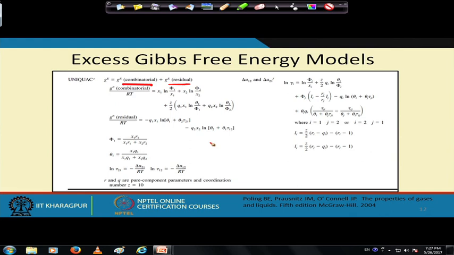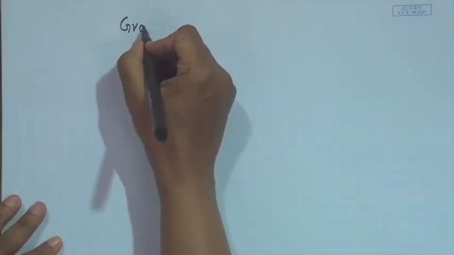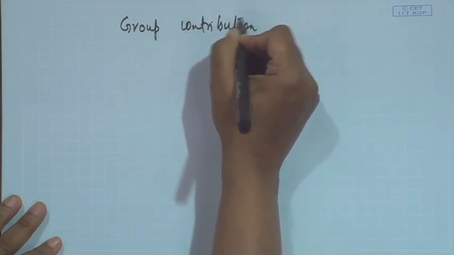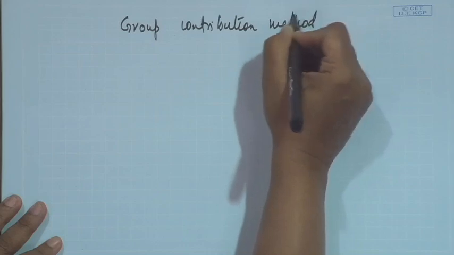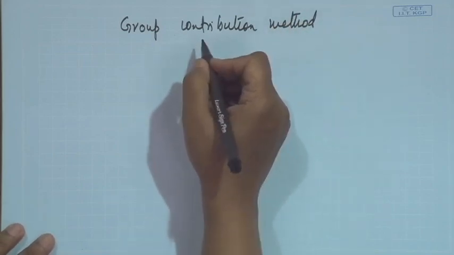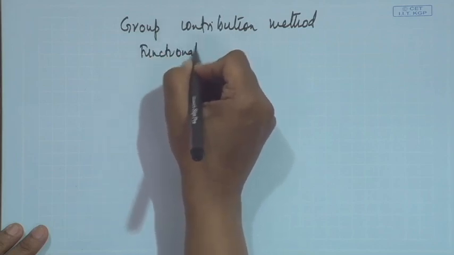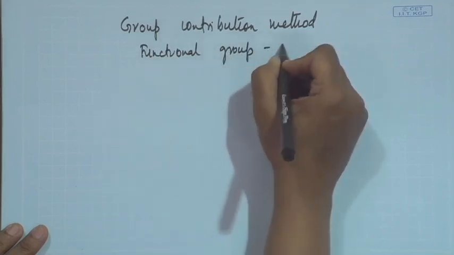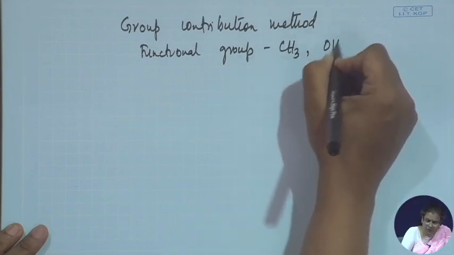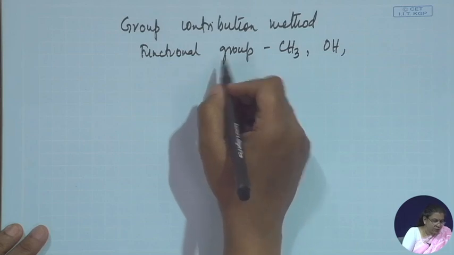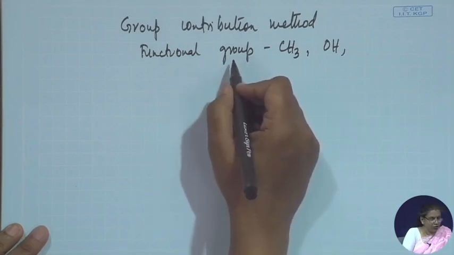So the other way of evaluating the activity coefficient is known as the group contribution method, where we assume that each component is made up of not only individual molecules, but different functional groups, like CH3OH, etc., and a solution of the components is treated as a solution of the groups.